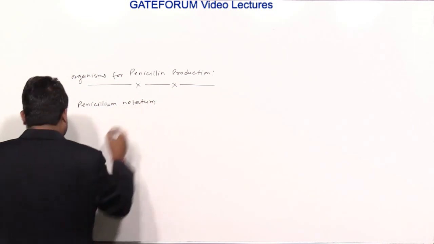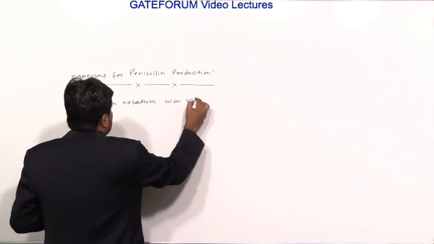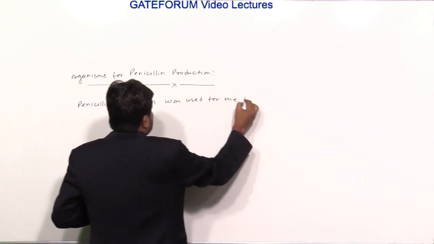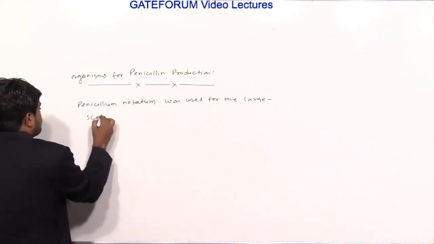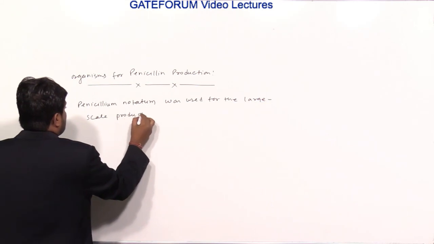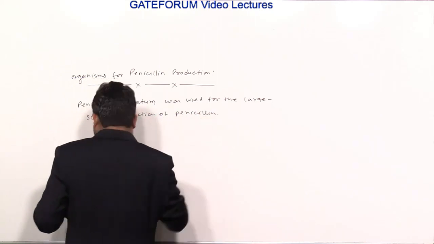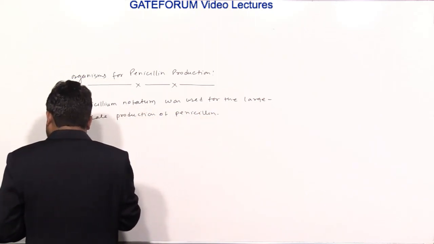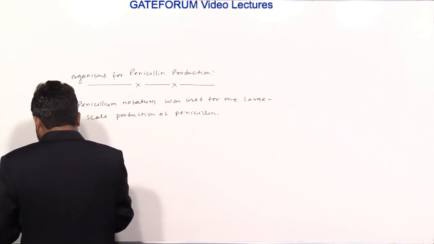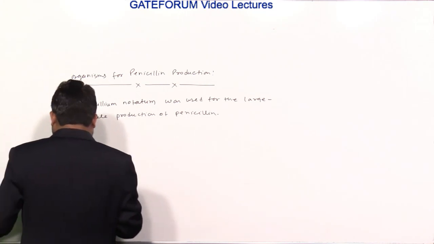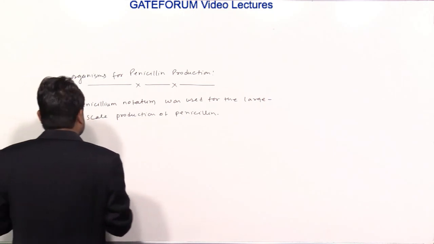Penicillium notatum was used for the large scale production of penicillin, but nowadays Penicillium chrysogenum is used here.